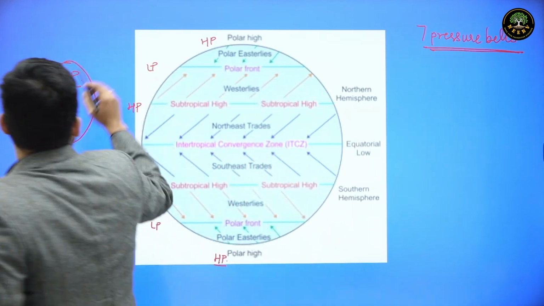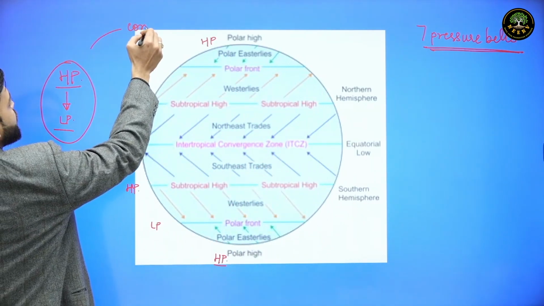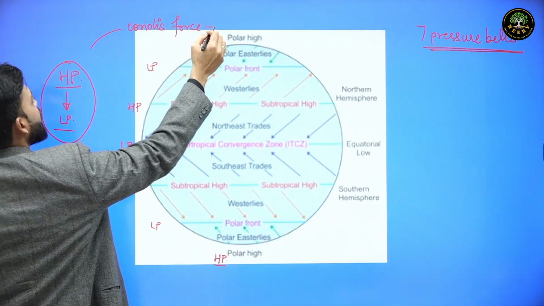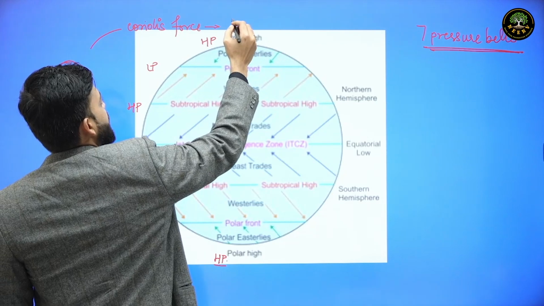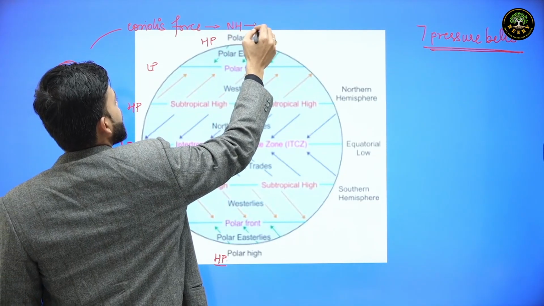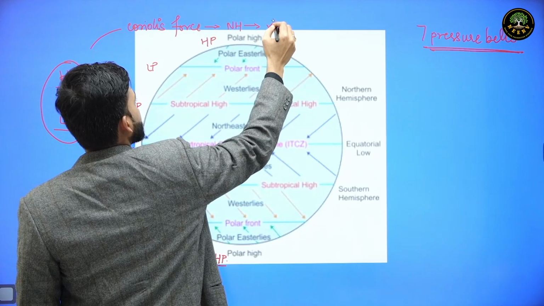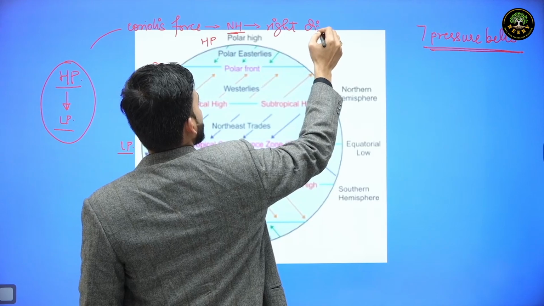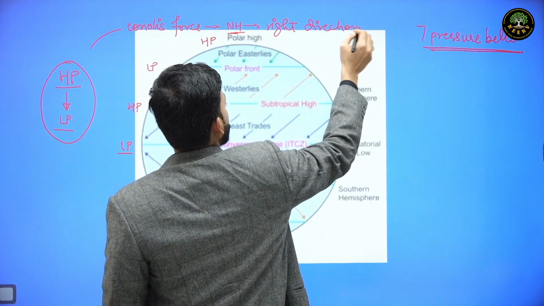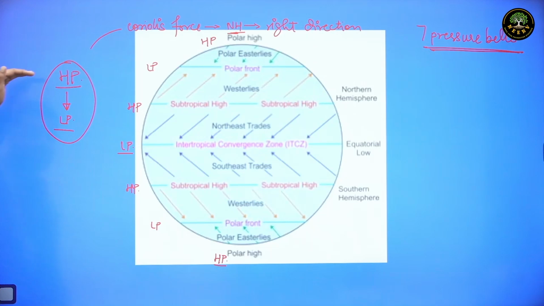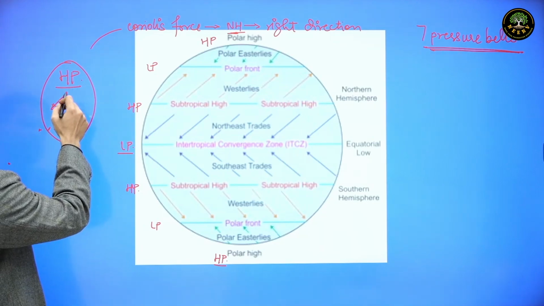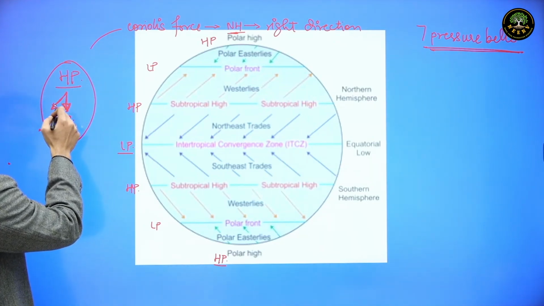Now, because of Coriolis force, anything that is moving in northern hemisphere turns towards its right direction, whereas in southern hemisphere it turns towards the left direction. So if this wind is flowing from high pressure to low pressure in northern hemisphere, it will tend towards its right. Since it is going downwards, it will move towards its right.